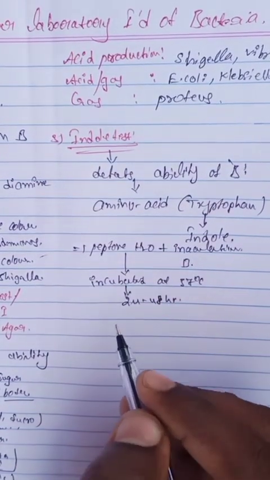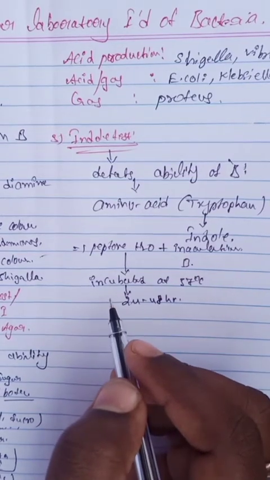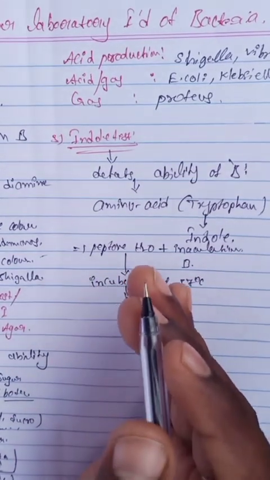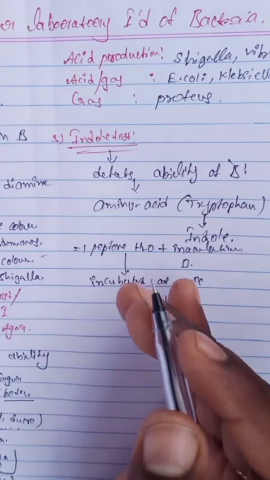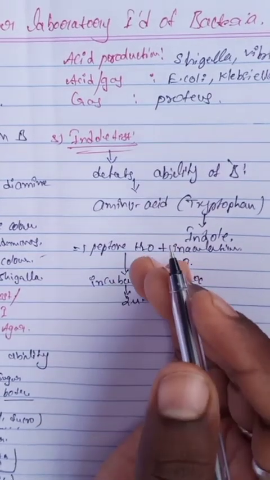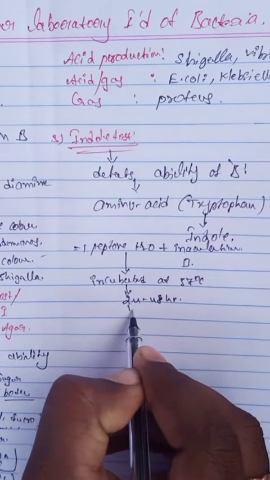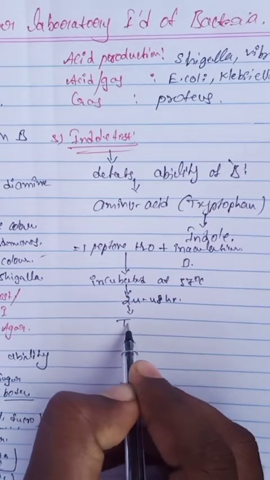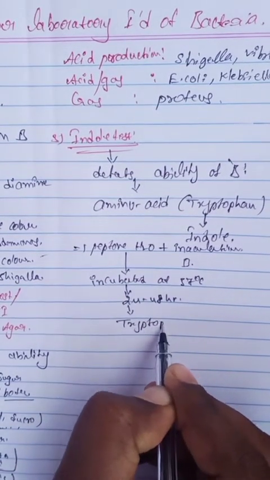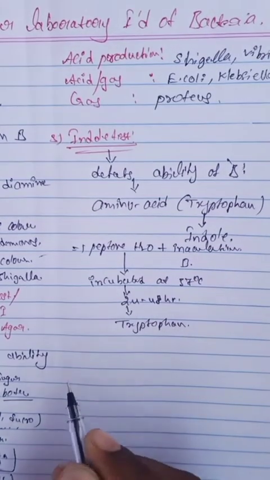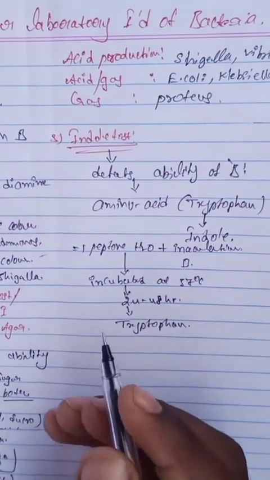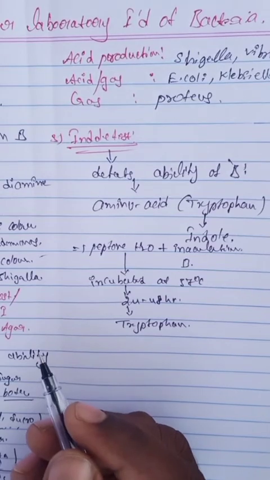So here the bacteria produce indole from the tryptophan present in the peptone water after 24 hours. How do we determine whether indole is produced or not?